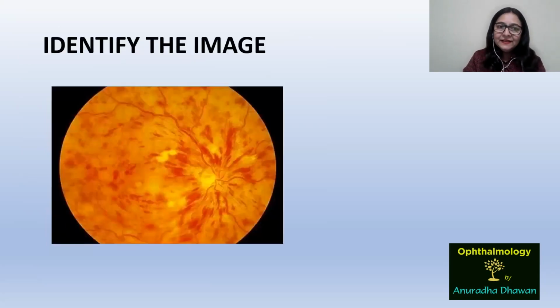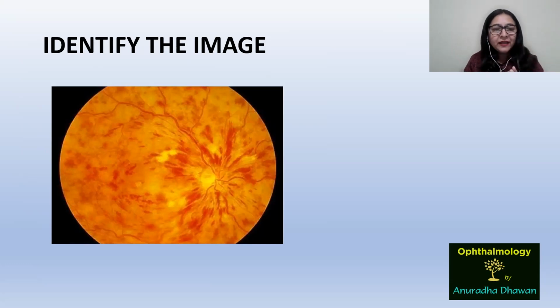Okay, now identify the image. I will give you a brief history. He is a hypertensive patient presenting with painless decrease in the vision. Okay, so what are we noticing in this image? How to identify this image, my friends? You can notice over here, this is a fundus diagram. Okay, so we can see the retinal vessels, we can find the optic disc, but we also notice that the whole of the surface of the retina is full of retinal hemorrhages. These retinal hemorrhages are flame shaped also.